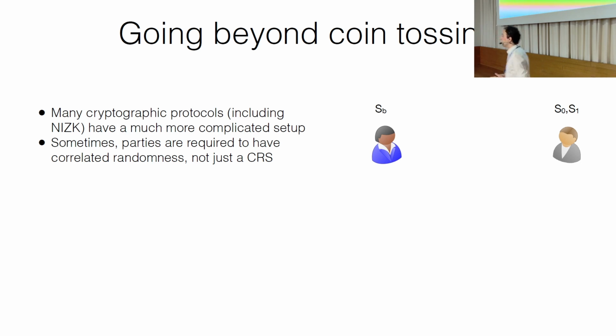One party has 2 strings, S0 and S1, and the other party has just one of the 2 strings, S_b. Bob here doesn't know the bit b, and Alice doesn't know S_{1-b}. This setup is quite common. And the question is now whether you can actually generate this type of setup, whether you still need 4 rounds or whether you can do better than that.